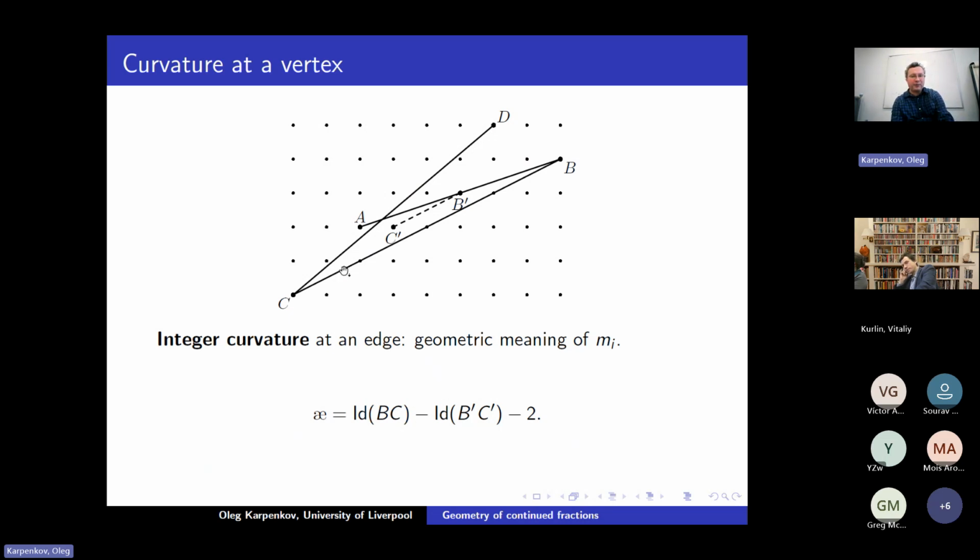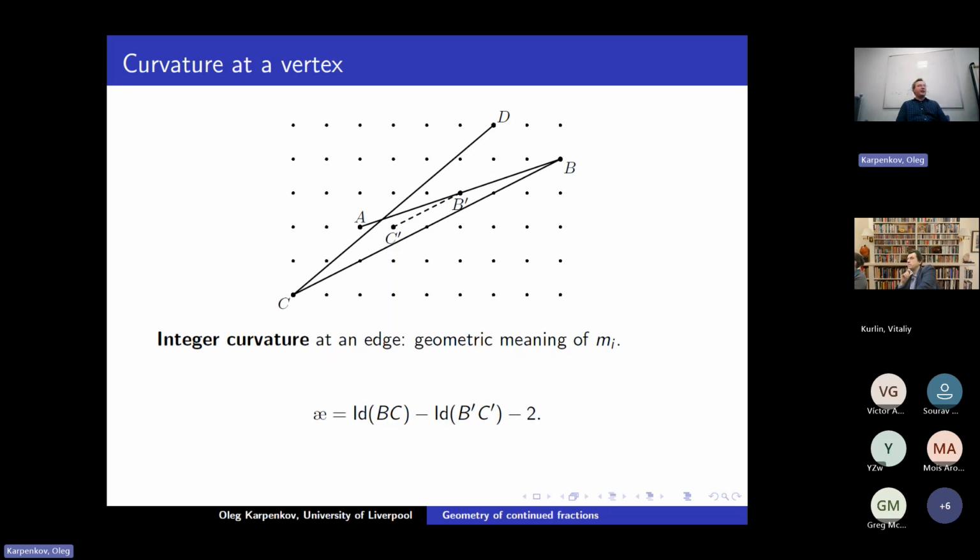This is the length of the middle edge. And then there is one line, which is the closest integer line to this edge. And I count how many points inside we have on that closest line with respect to the longer line. And that could be considered curvature.